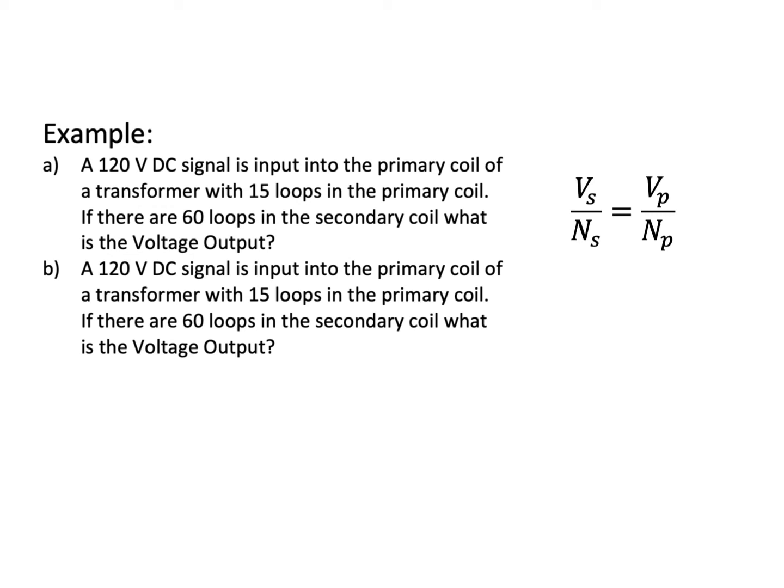And the answer is, it's a trick question. The answer is 0 volts. Why? Because this only works if you have alternating current. If you have DC, which stands for direct current, a transformer just won't work. It's got to be AC.